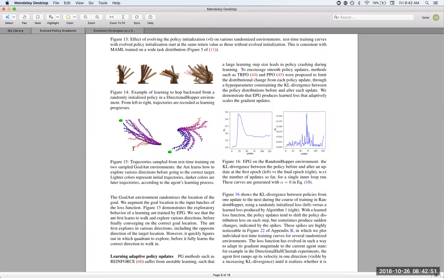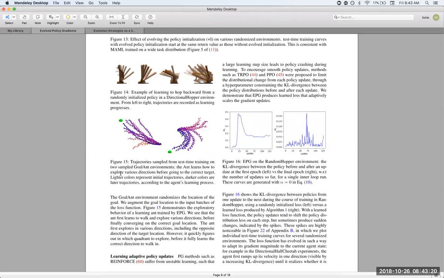So the light trajectory is the first try, and darker trajectories are the most recent tries. After the agent has taken a certain number of trials, it starts to perform better in the task of trying to reach the green target. The trajectory is sampled from test time training on 2 sampled goal ant environments.